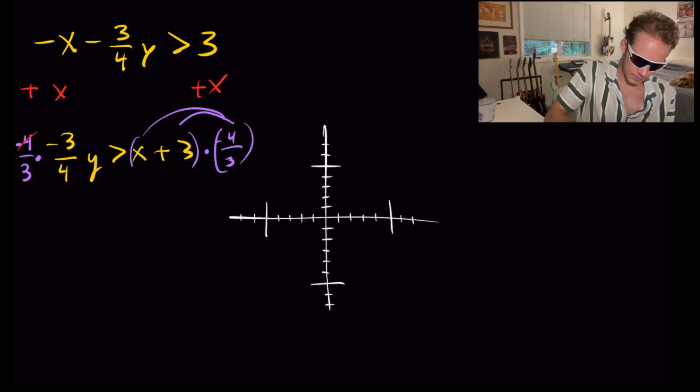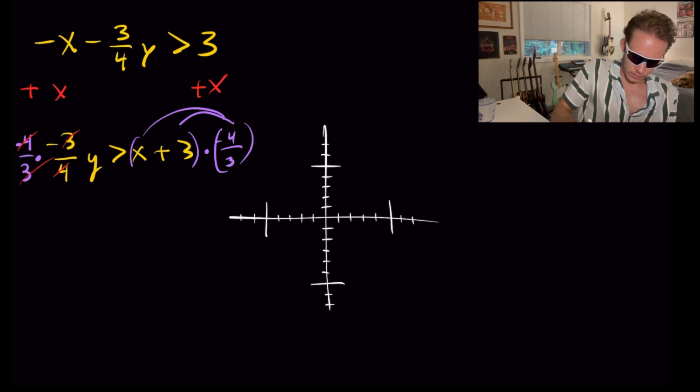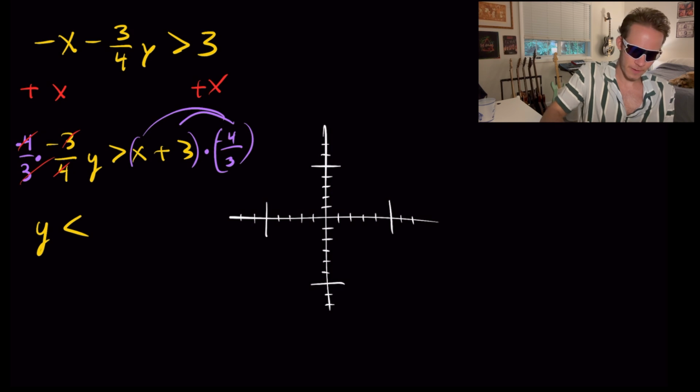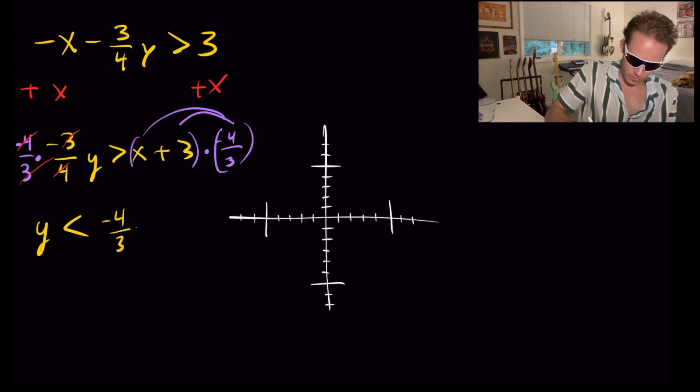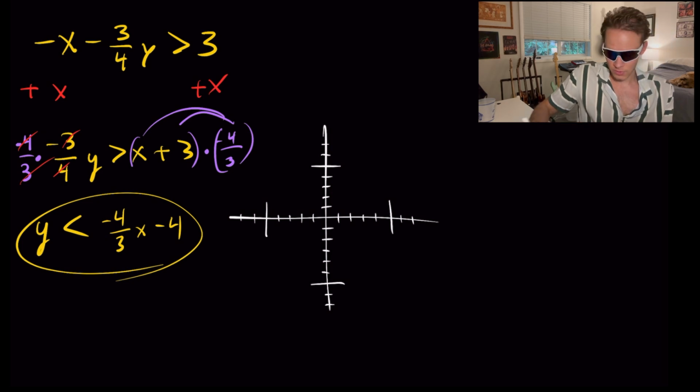What happens here is these terms cancel each other out. We are left with y is less than, right, because we multiplied by a negative number there, so we got to flip the sign again. And we'll get y is less than negative 4/3 x, and then negative 4/3 times 3 is going to be negative 4. So now this is the linear inequality we're going to use to graph.